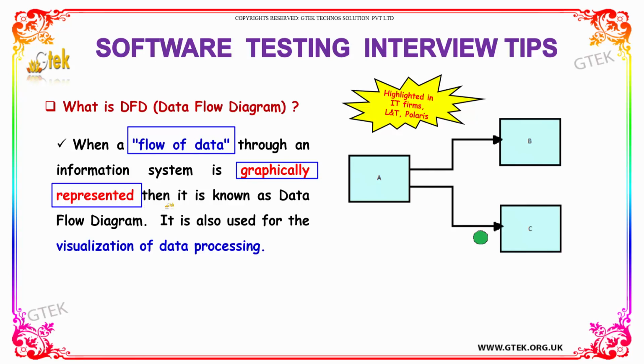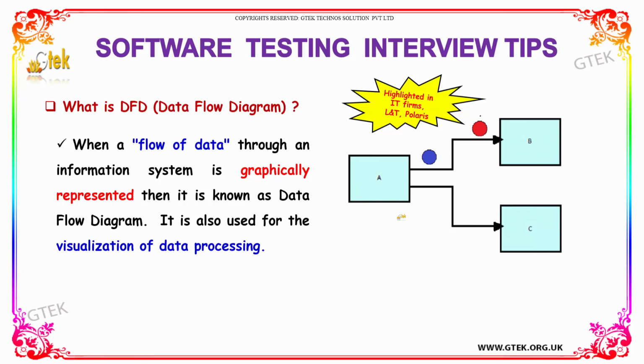It is also used for the visualization of data processing. Here, as you can see, the data is flowing from A to B and A to C. So it is represented in a graphical format. Hence it is known as data flow diagram.